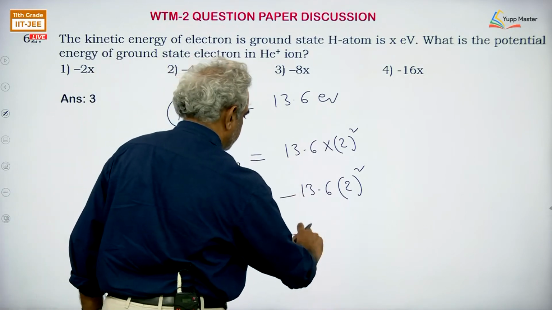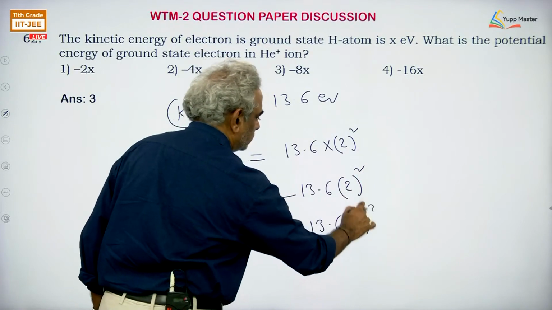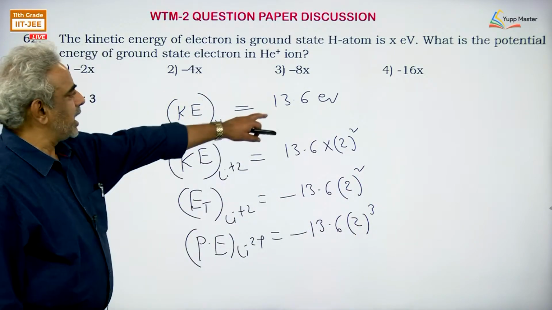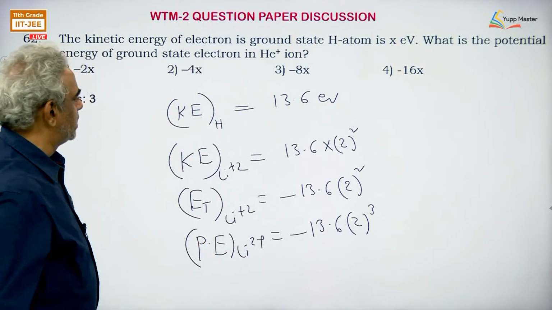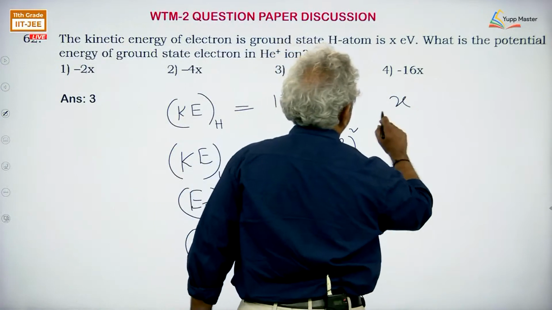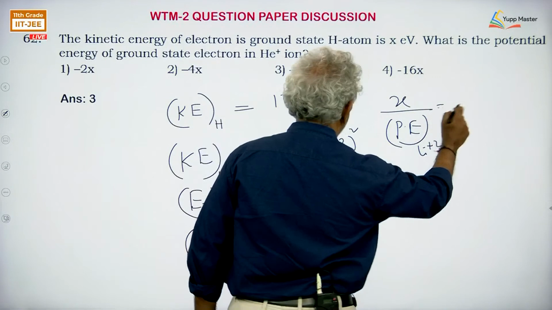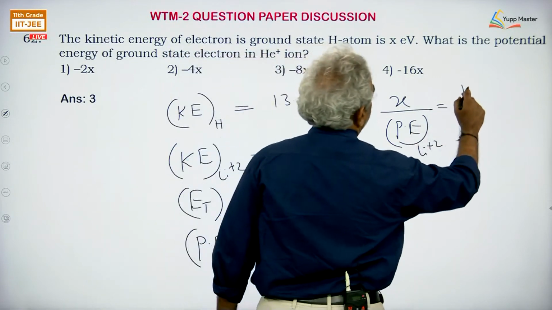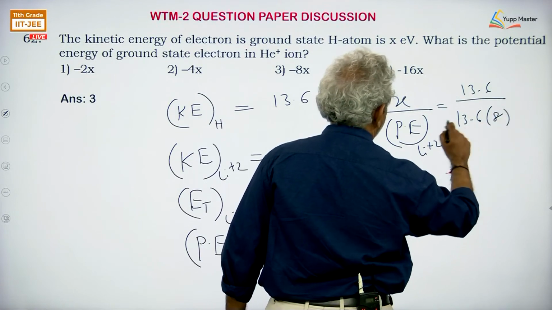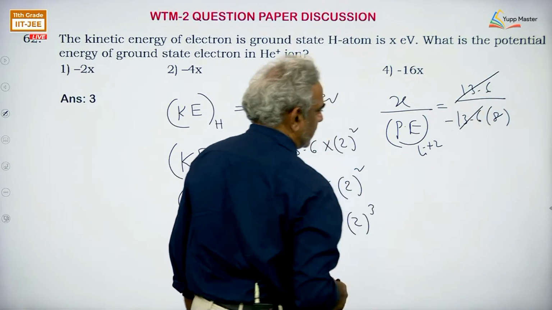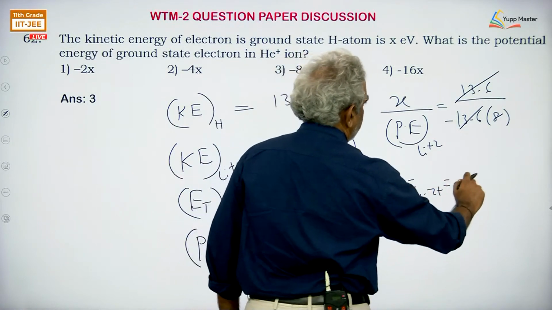Double of this, minus 13.6 into 2 square into 2. So I can write it 2 cube. And this is kinetic energy. This is potential energy of lithium. Now we should take the ratio of this. So X by potential energy of lithium plus 2 electron is equal to 13.6 by 13.6 into 8 minus. So 13.6 get cancelled. So potential energy of lithium plus 2 electron is minus 8x.